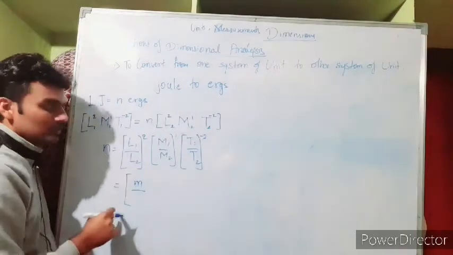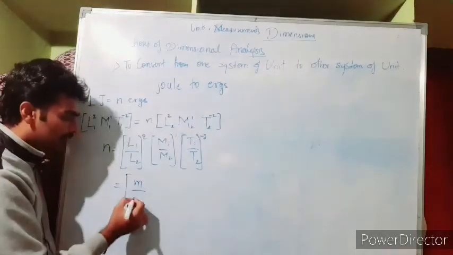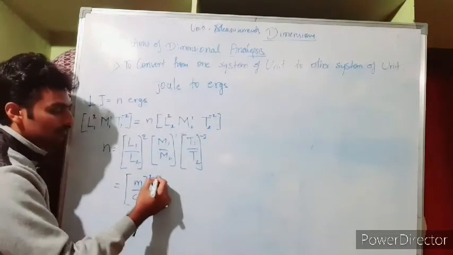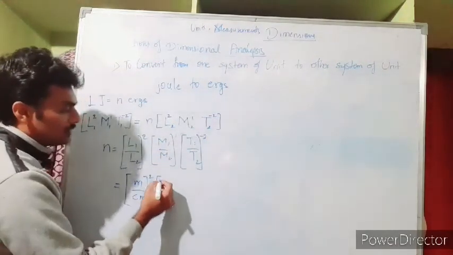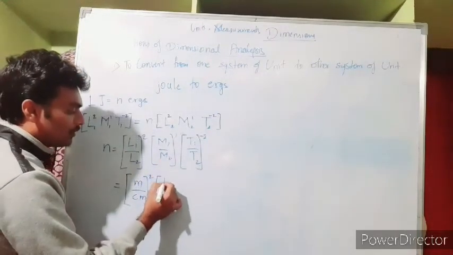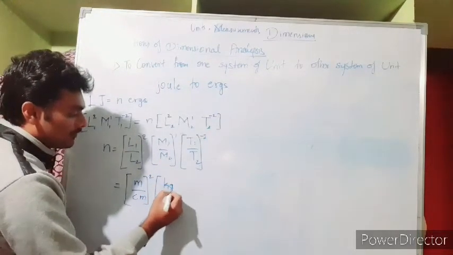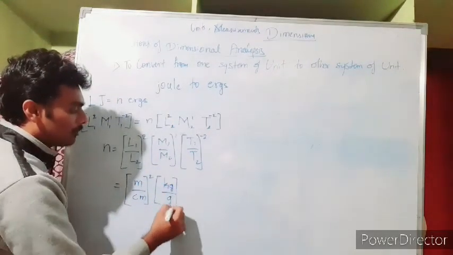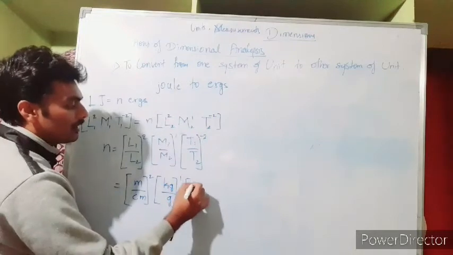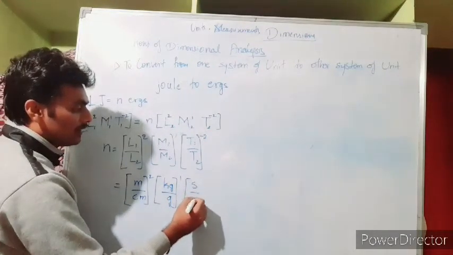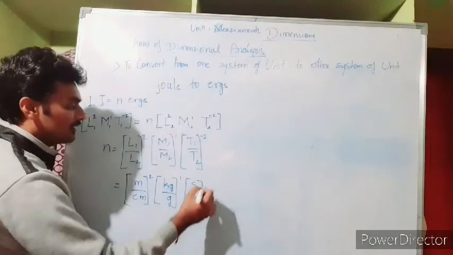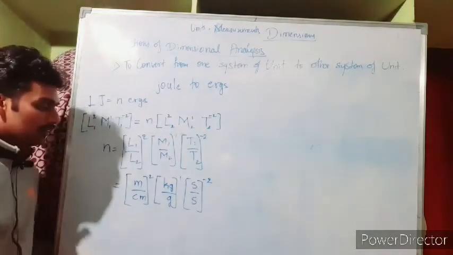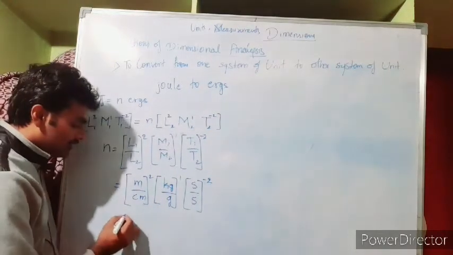L2 belongs to CGS system, so instead of L2, I should now write centimeter to the power of 2. M1 belongs to the SI system, so I can take kg. M2 belongs to CGS, so I can take gram to the power of 1. T1 is second, T2 is also second, because in both CGS and SI the time has the same unit, second. So now the conversion starts.